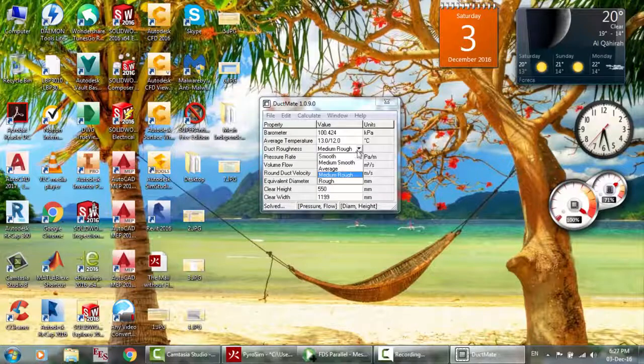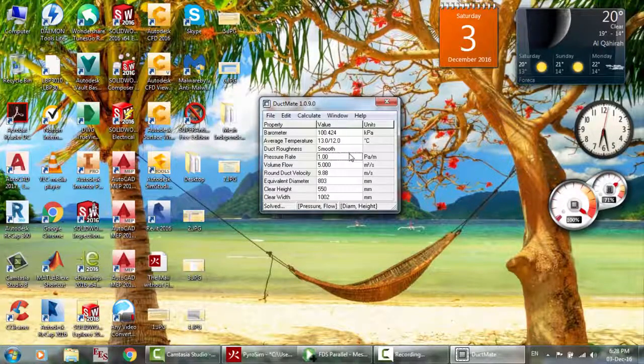and rough if the duct is a flexible duct. Okay, supposed to that changing this roughness changes the pressure rate, but I do not know what the problem is right now.